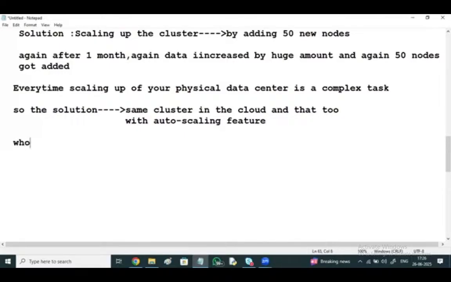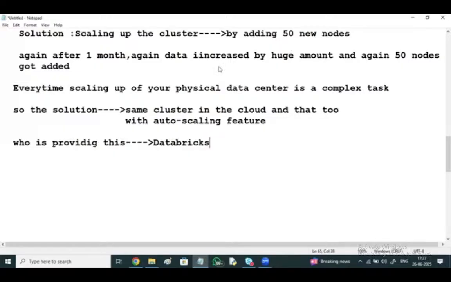Who is providing this? Databricks. I said Databricks is providing the Spark cluster.